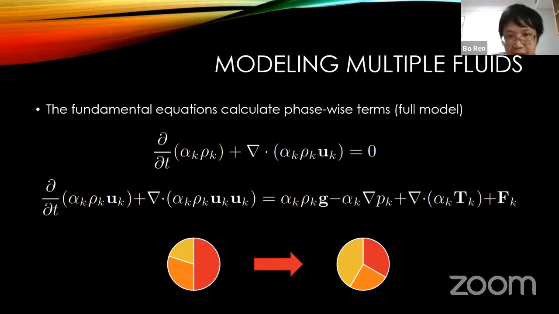The volume fraction concept is very easy to understand, because the air we are breathing contains about 21% of oxygen and about 79% of other gas. So this is the concept of volume fraction.